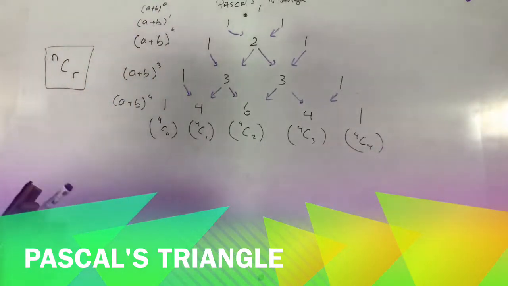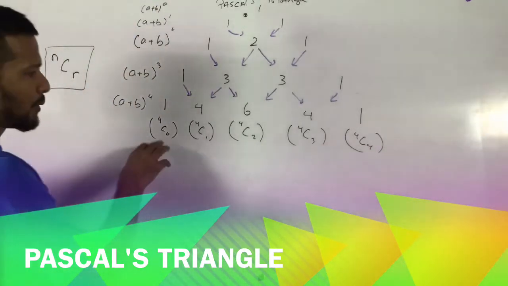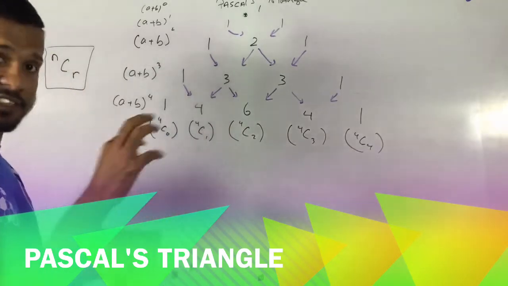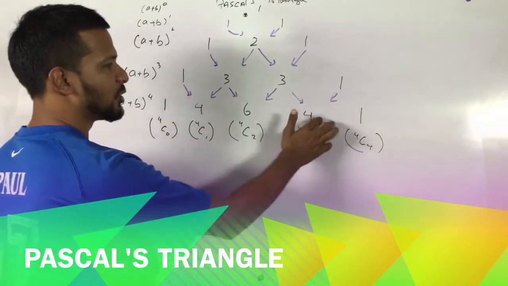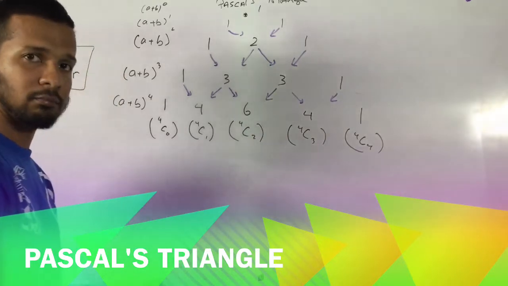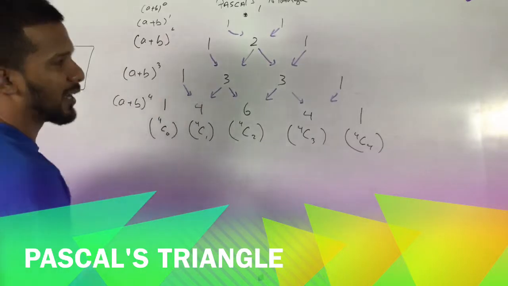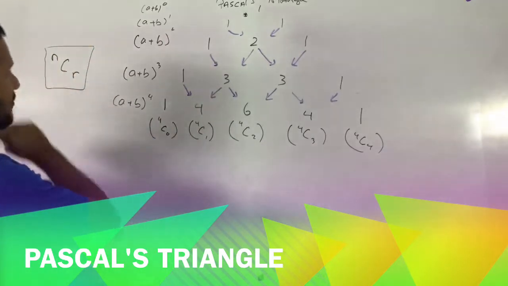See that? So we have 4C1 being 4, 4C2 being 6. You can go to the calculator and check it just to make sure. 4C3 being 4 and so on. Okay? So this is one way of using Pascal's triangle to find nCr.